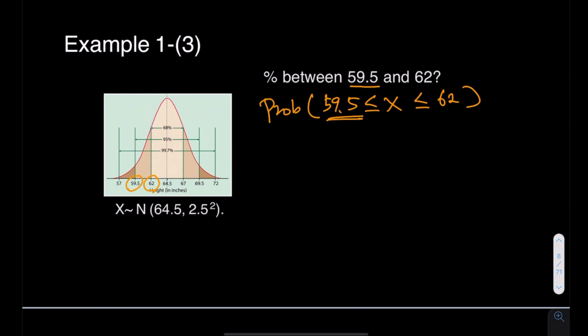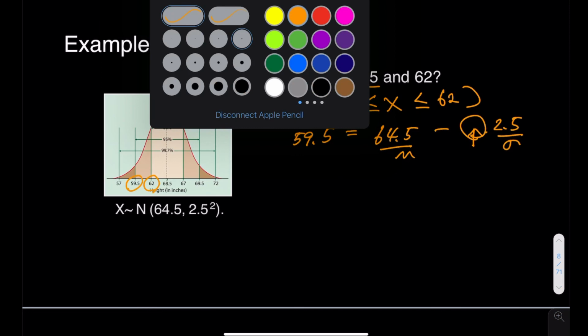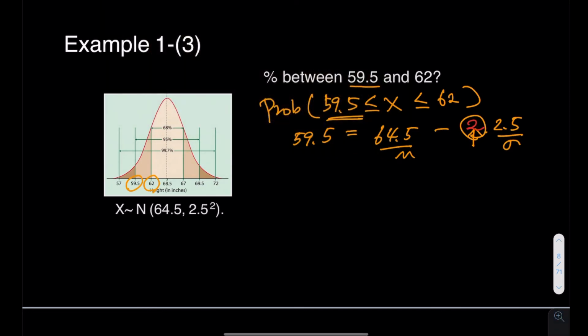If you look at this number carefully, as we have done before, it is less than the average 64.5, but how much? The multiples of 2.5, so mu and the sigma, right? So how much will you get? Yes, this is a subtraction of 5. So in this case, you need 2 sigmas.